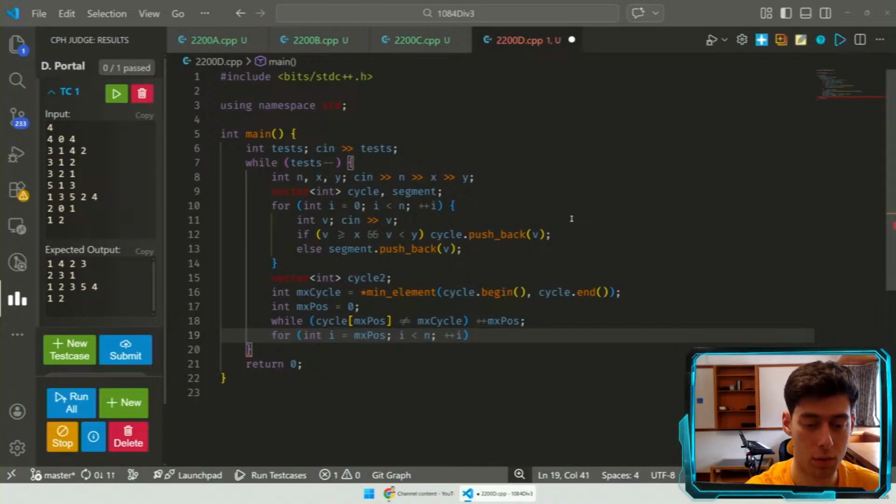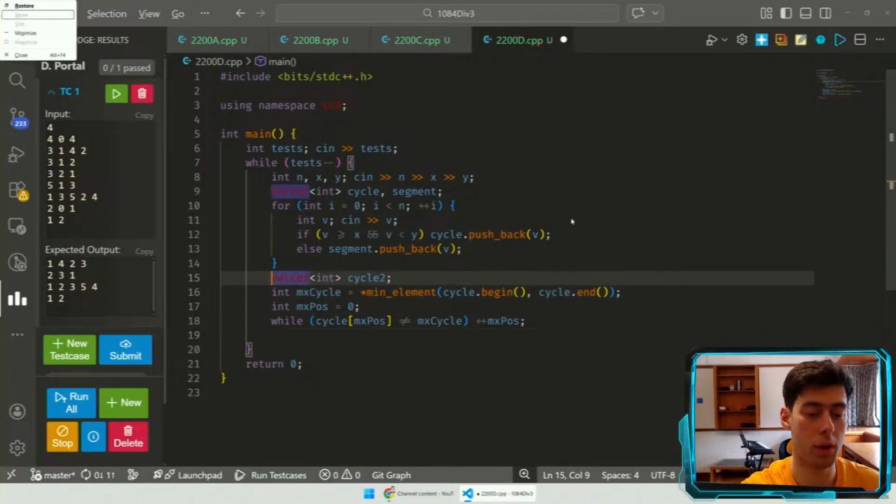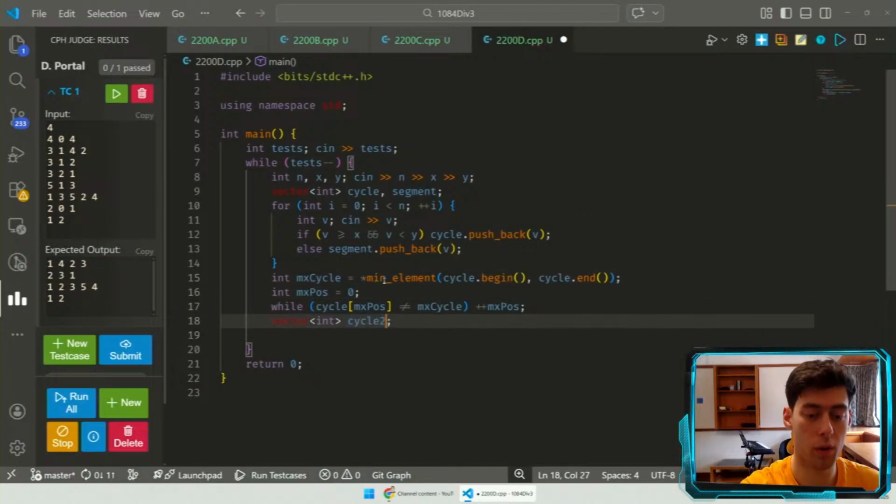Vectors have subsegments. So maybe I should have done it this way around.